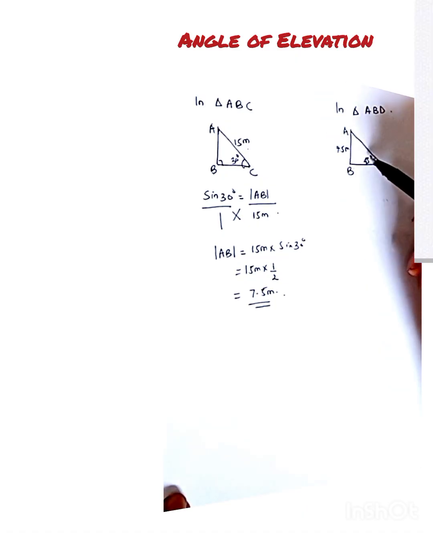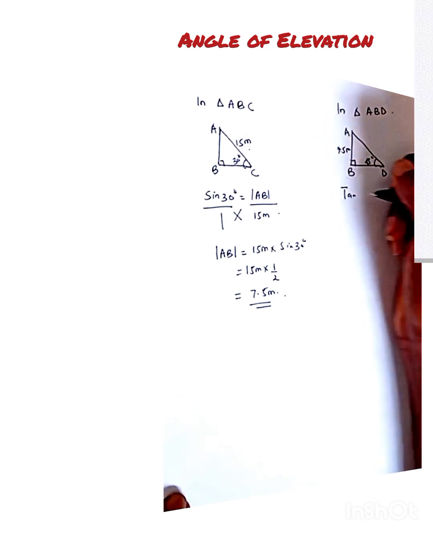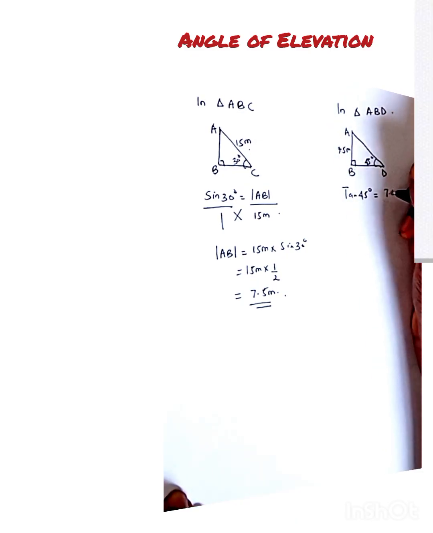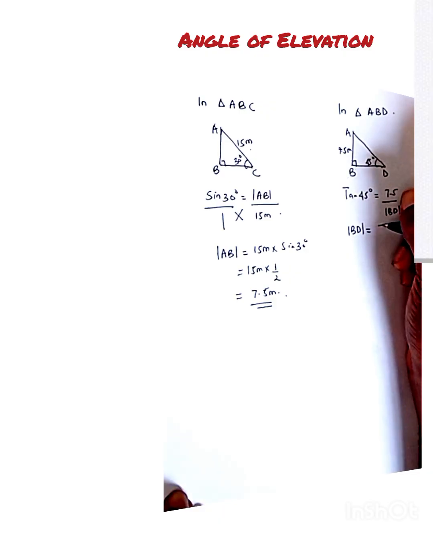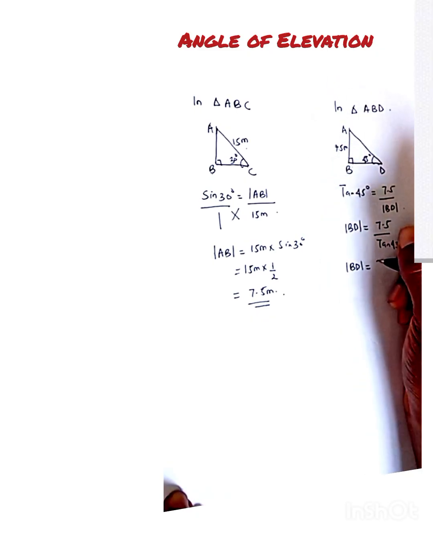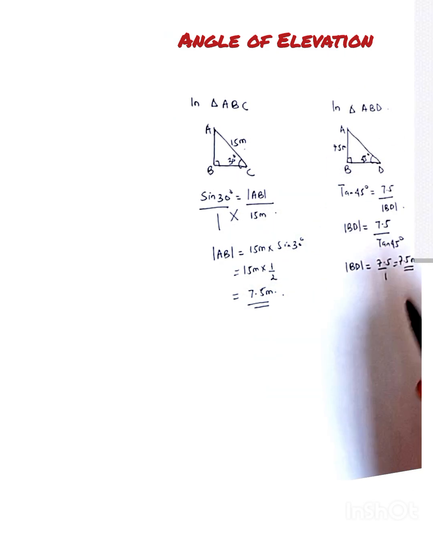Then I will use the opposite and adjacent here, which is the tan from the trigonometric ratio, which is tan 45 degree is equal to opposite, which is 7.5 over line BD. Now line BD becomes 7.5 over tan 45. When you cross multiply there, line BD becomes 7.5 over 1, which is 7.5 meter. Alright, so line BD is 7.5 meter.